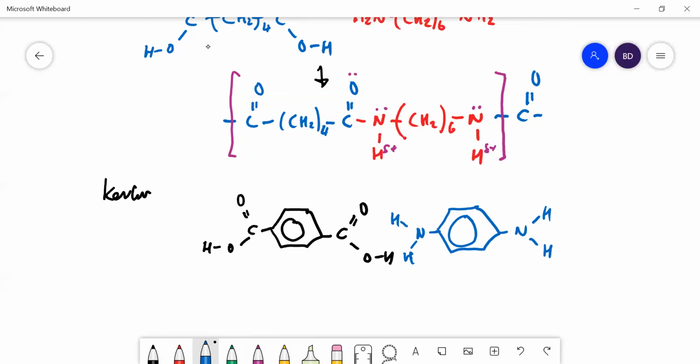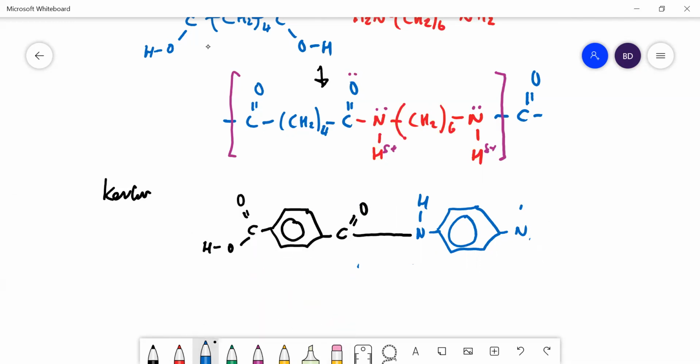So when it polymerizes, you're going to lose that there. Rub that out. You're going to form a new bond between the carbon and the nitrogen. That's your amide linkage, and the same at this end.